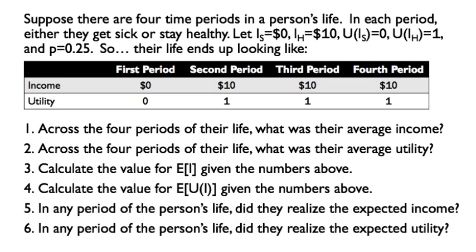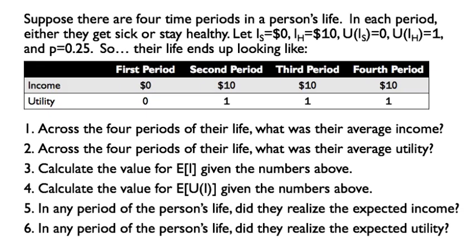Okay, the first question is, think about this person. Across the 4 periods of their life, what was their average income? Next question is for the same person. Across the 4 periods of their life, what was their average utility?